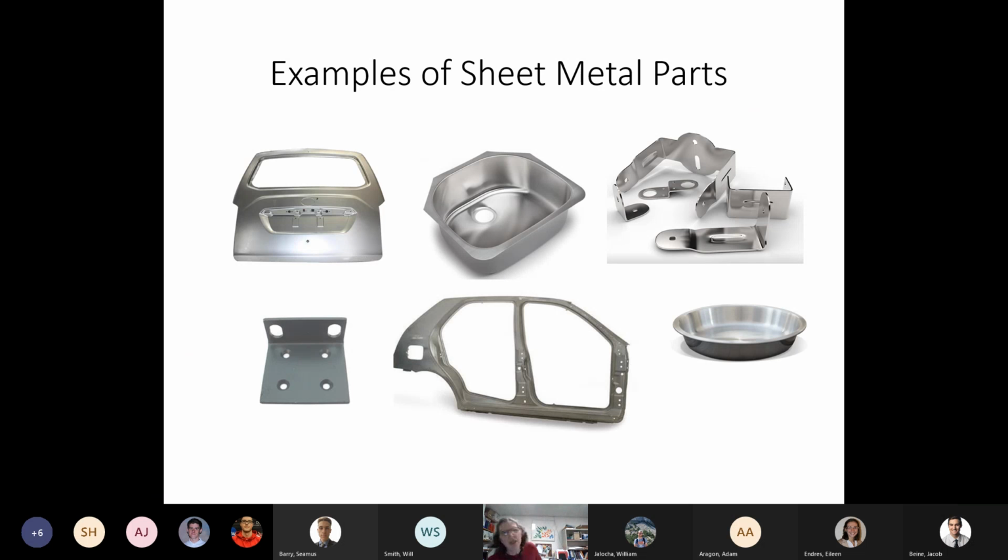And we kind of know sheet metal when we see a sheet metal part, because it is thin, it looks like it was made from a sheet.